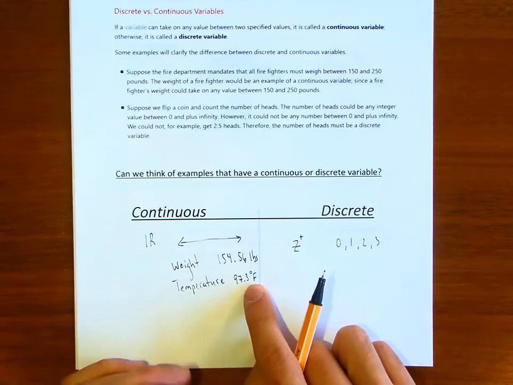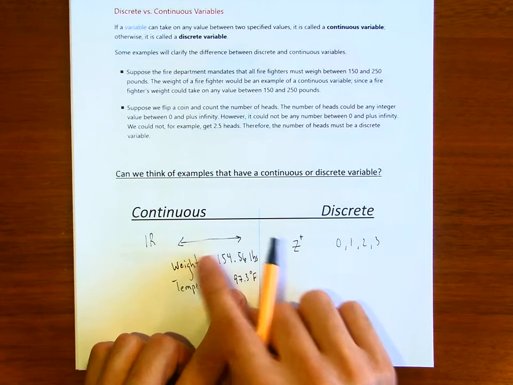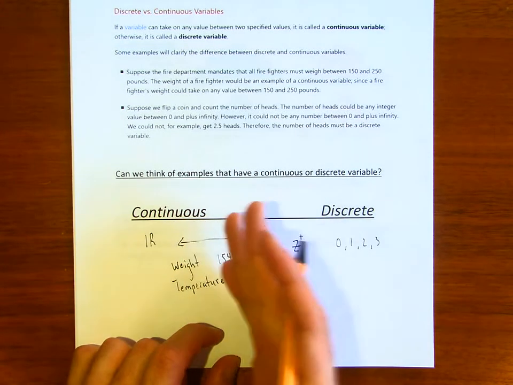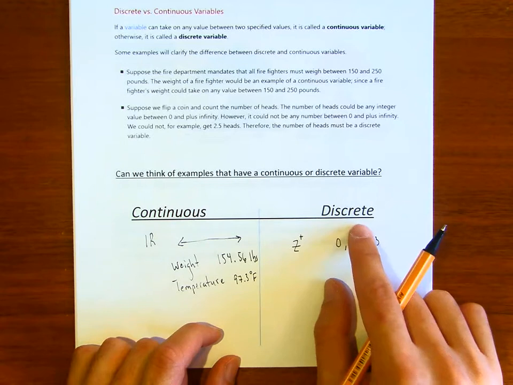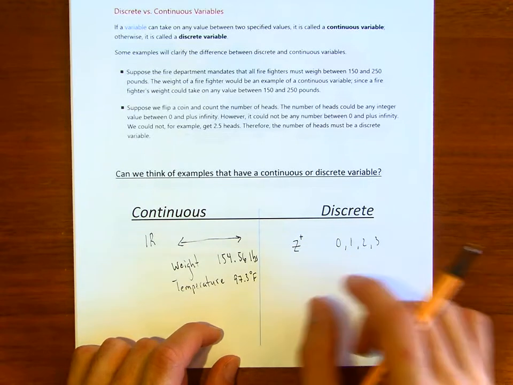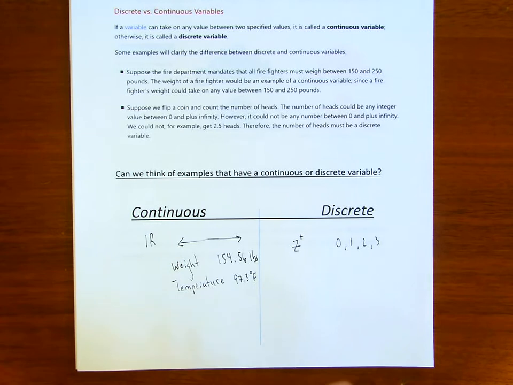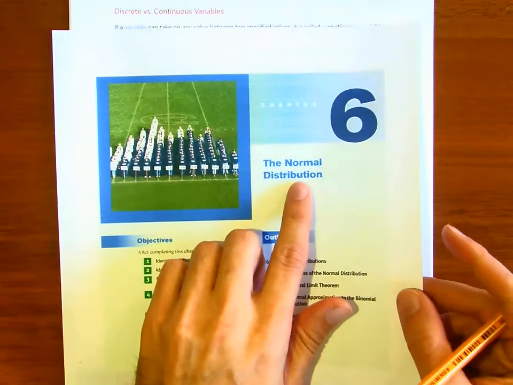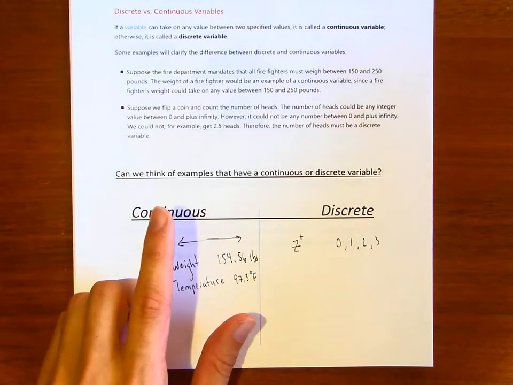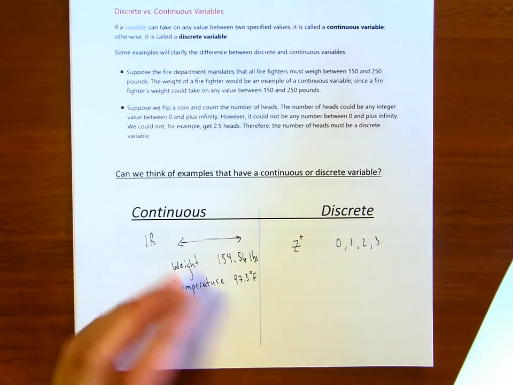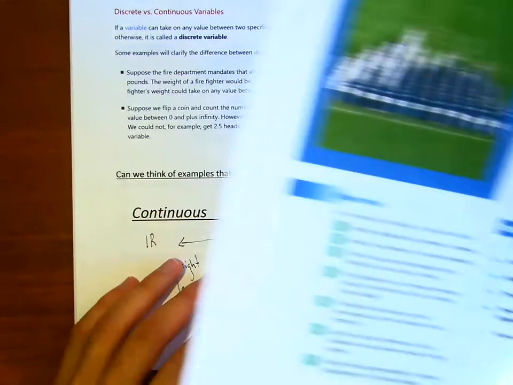So we're allowed to have any real number within a continuous section, while with discrete we're only talking about whole numbers. For today's lesson on normal distributions, we're only going to be focusing on continuous values, so values that could have decimal notation.